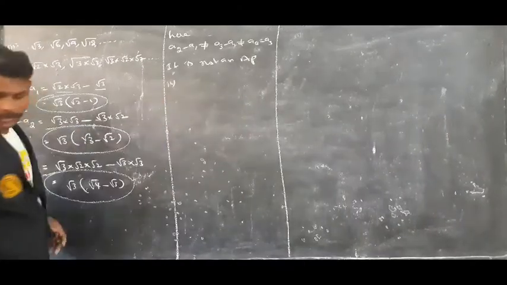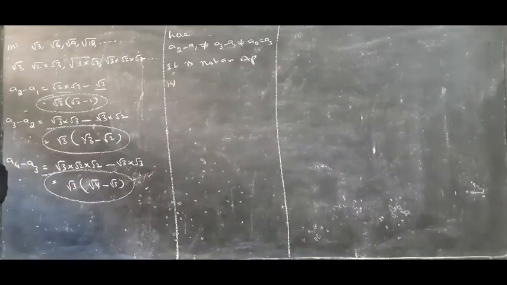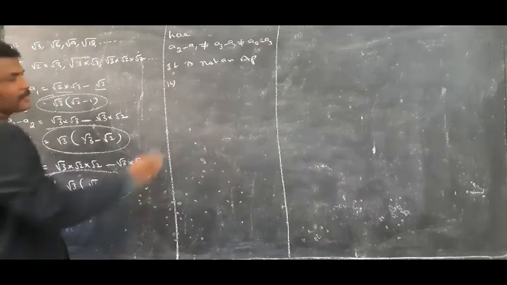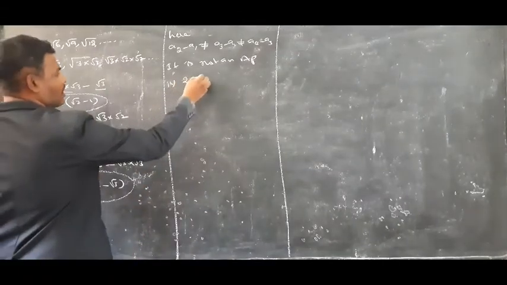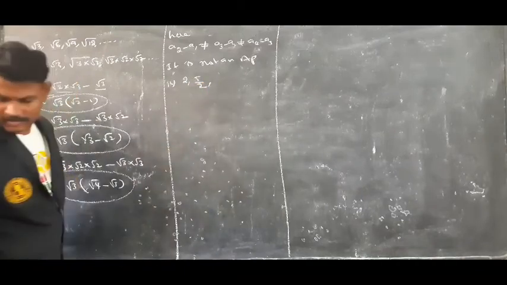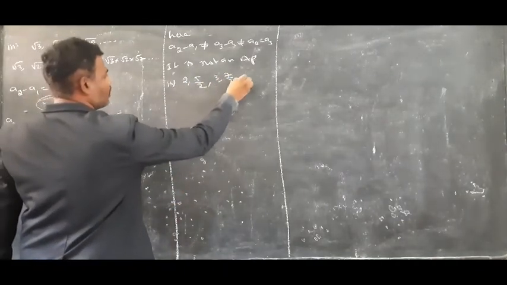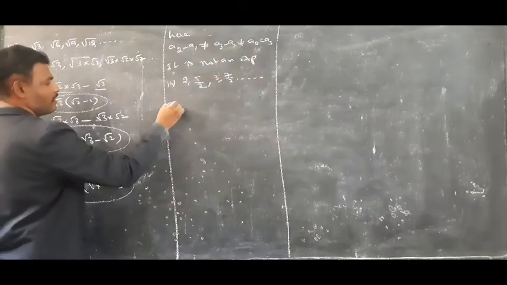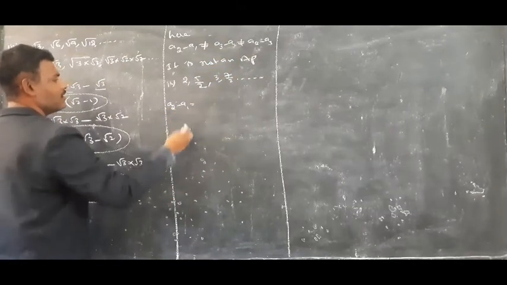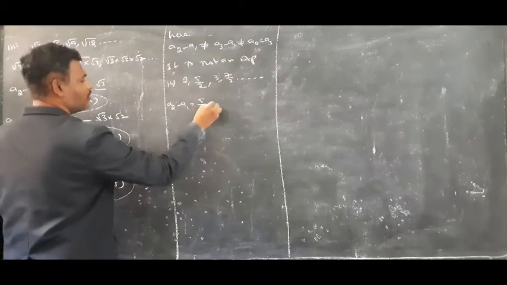Then what about the fourth question here? 2 comma 5 by 2 comma 3 comma 7 by 2, and so on. First A2 minus A1, it means 5 by 2 minus 2.